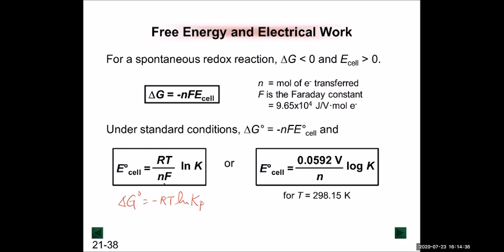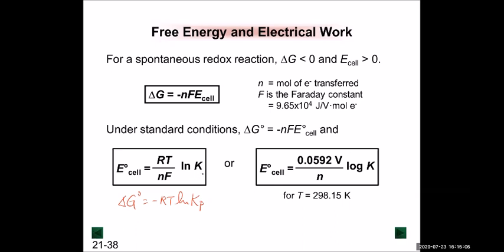If you use the standard room temperature, 25 degrees, or 298 Kelvin, we will have a further equation. Replace T, and instead of using natural log, now we use log base 10. We have this equation.